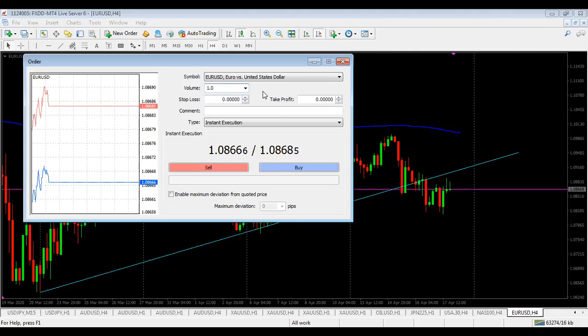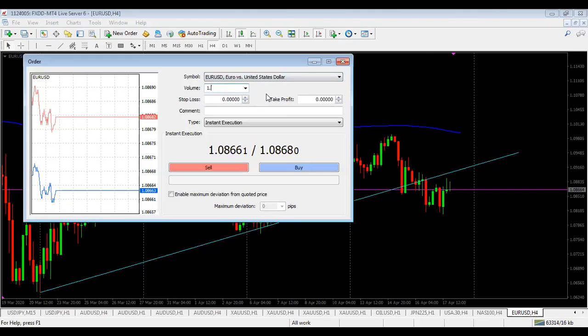Okay, it's a big contract, it's a big volume, so please take care, because sometimes when people know a little bit, they put 1.0, they think it's $1 per pip. 1.0 is a standard contract, $10 per pip.